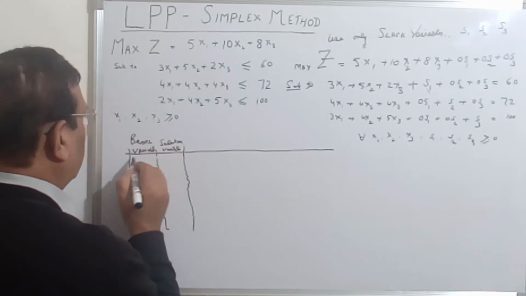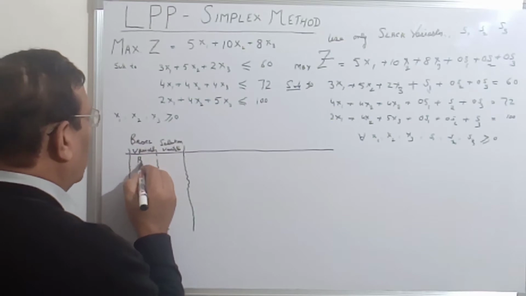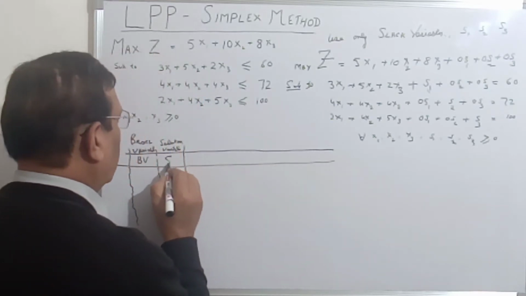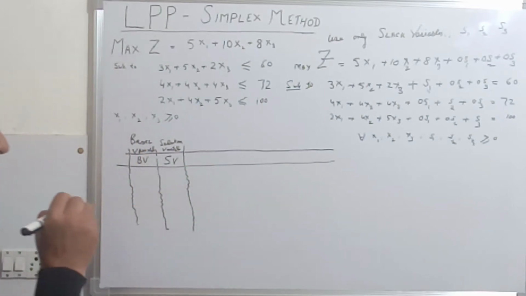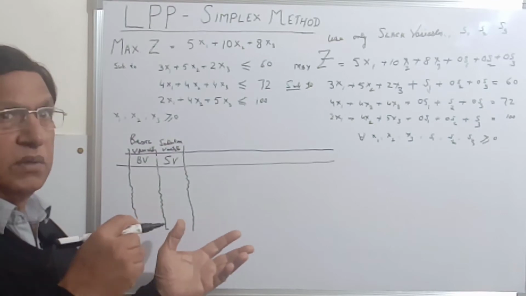Basic variable we will call BV, and second solution variable SV. So what are basic variables?